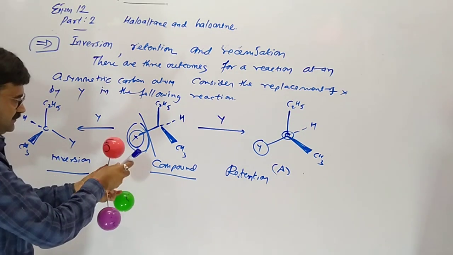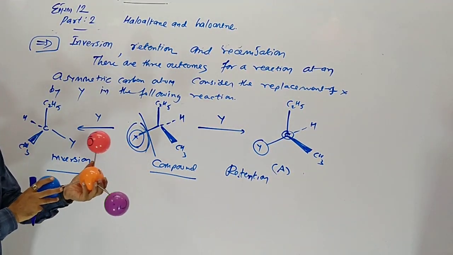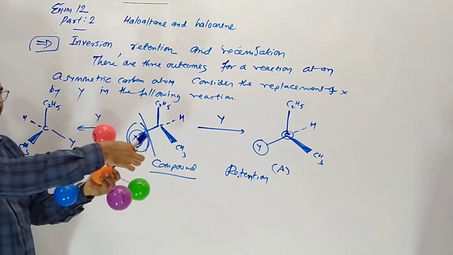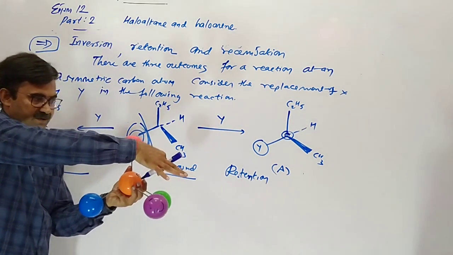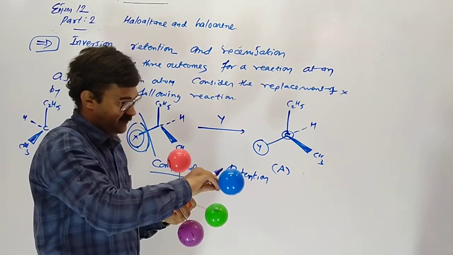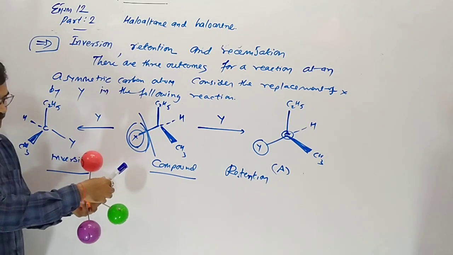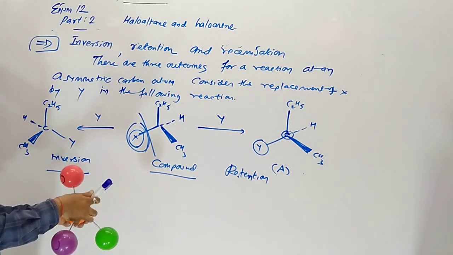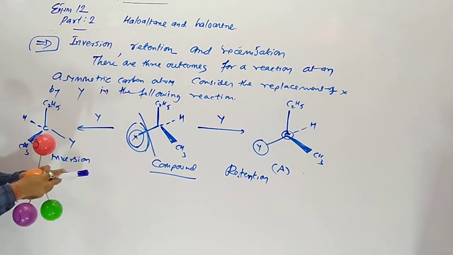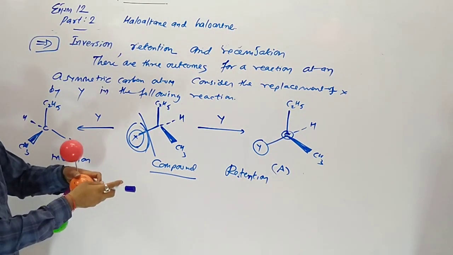You can see here was X. The incoming group attacks on the opposite side of X like this. So a new bond forms and the old bond breaks. Y enters here, and due to repulsion, the others move to the other side. The CH3 and H which were on this side have now moved to this side.